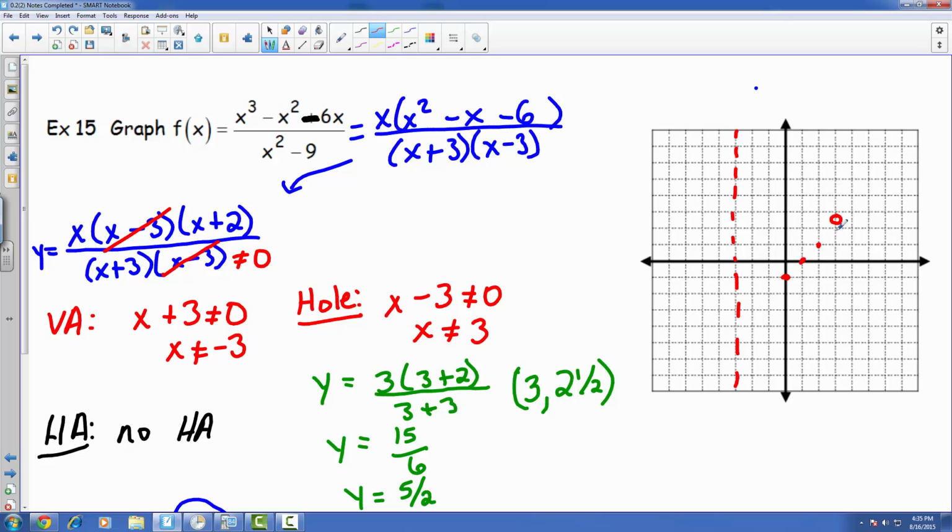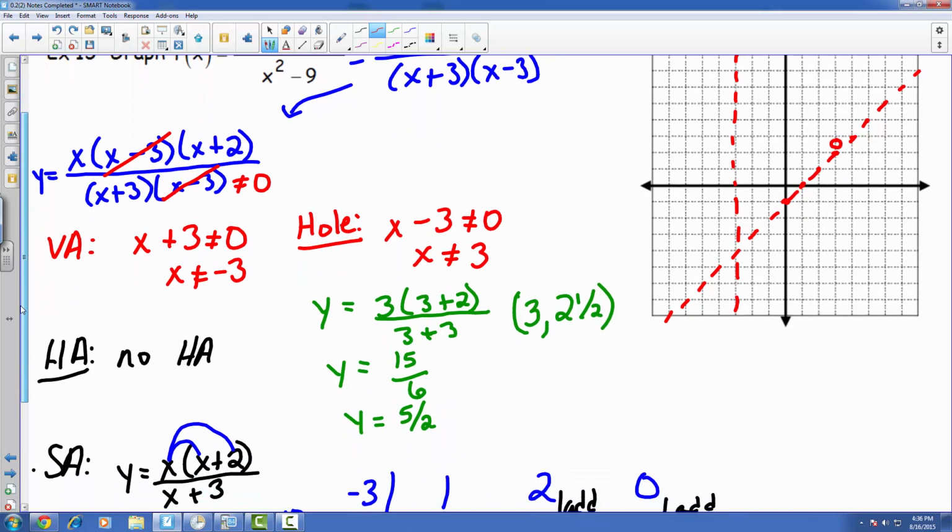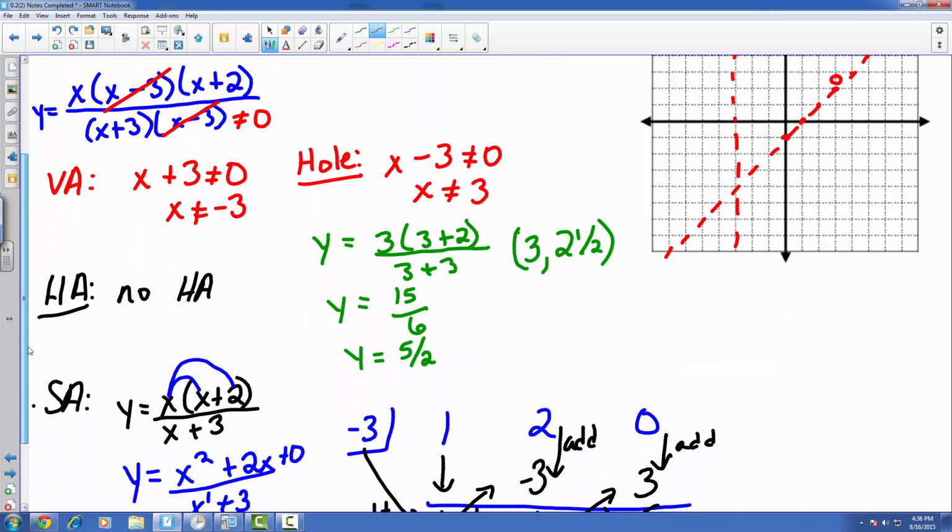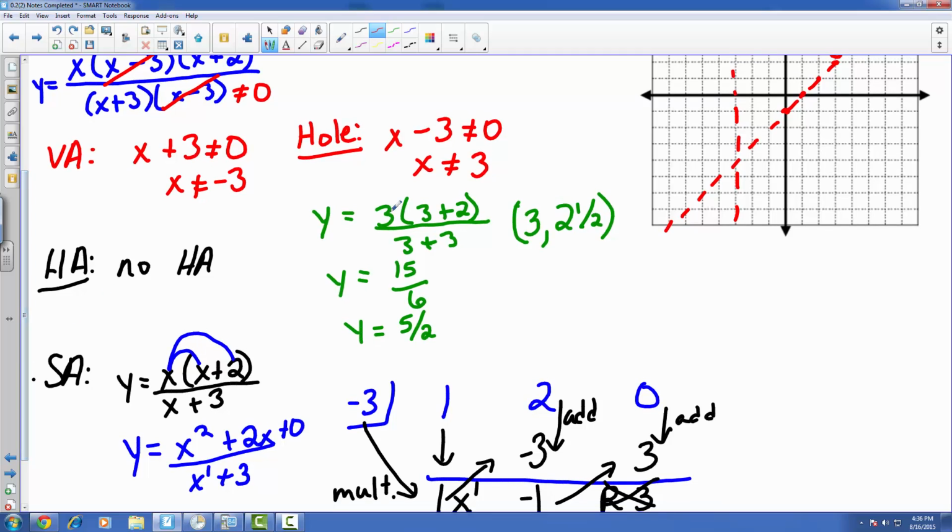So up 1 over 1. Now we can go, oh, and there's also no horizontal asymptotes, but we don't have to worry about him. Going ahead now and creating our table of values.